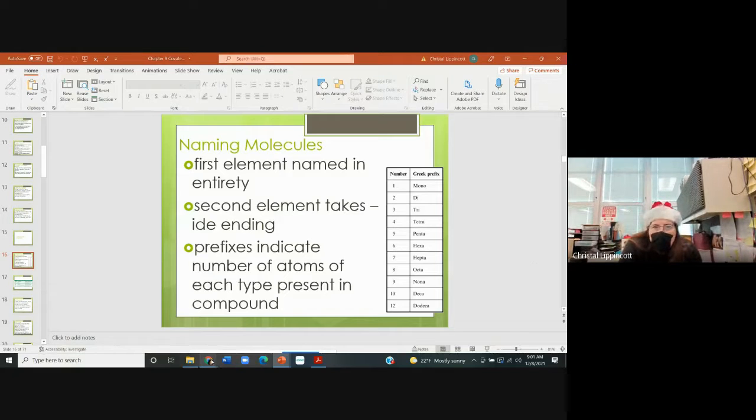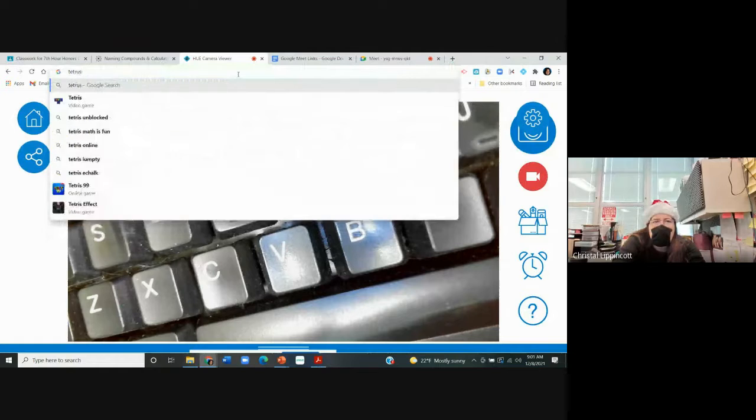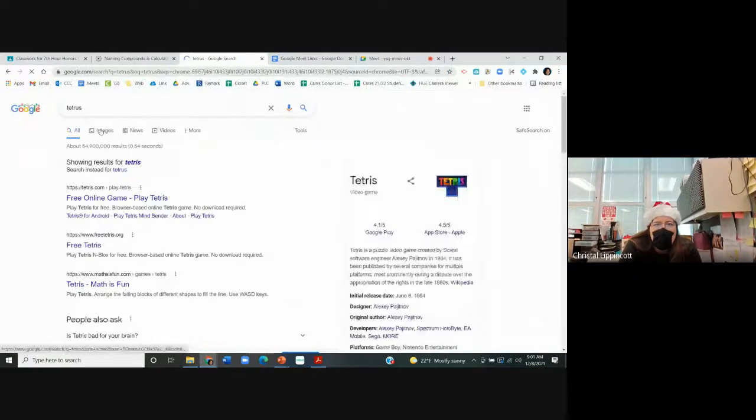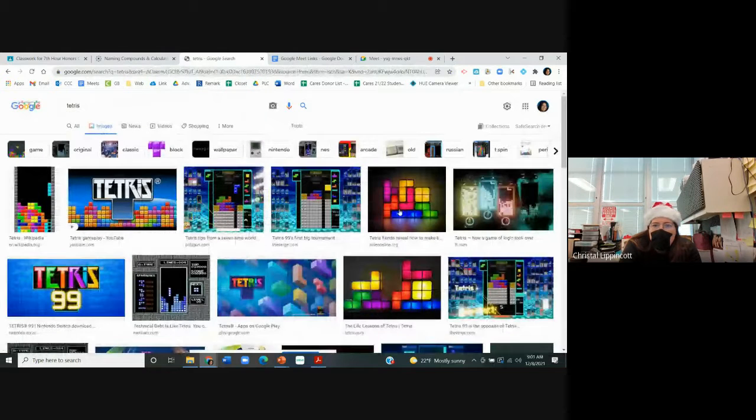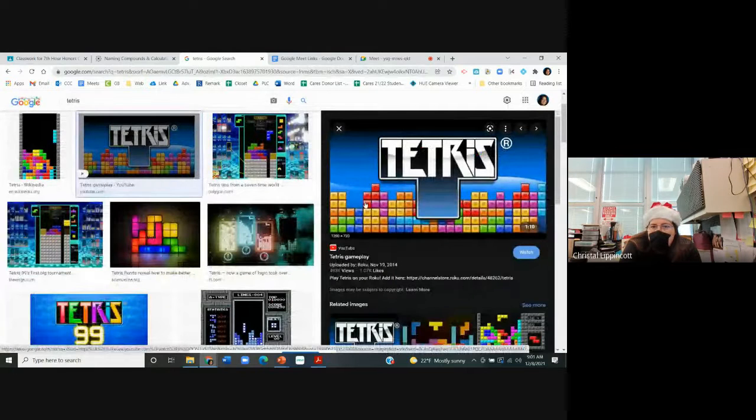Let me see if I can find an image of Tetris out here. Images. Okay. So this is what Tetris looks like. And when these blocks drop, they drop in a series of 4. So every time they drop, it may be like this, and you're trying to get all of these to line up.